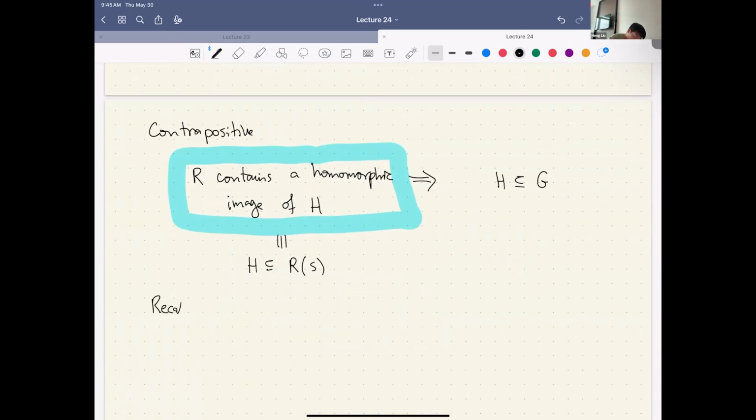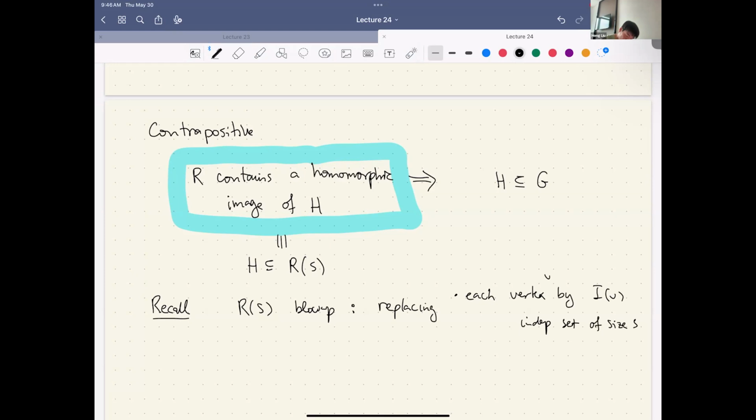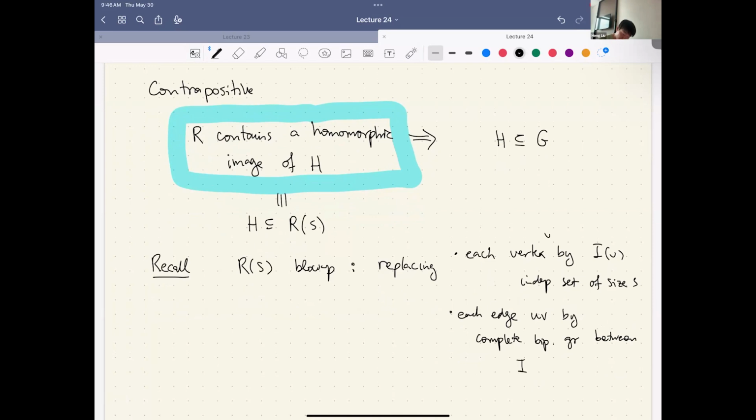Recall, this graph blow-up is obtained by replacing each vertex v by an independent set I_v of size s, and each edge uv by a complete bipartite graph between the corresponding independent sets I_u and I_v.